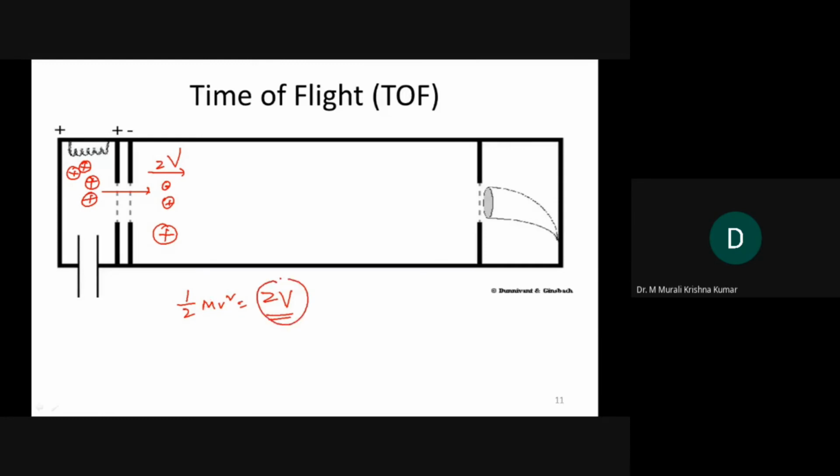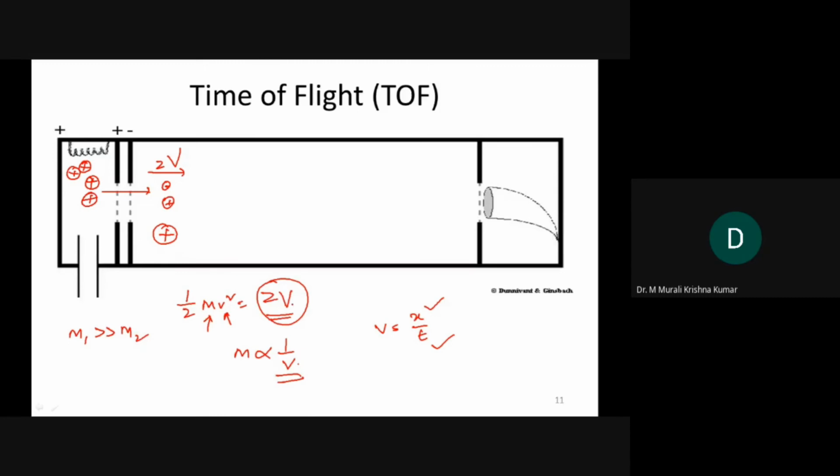When this is fixed, then when you vary mass, what will happen to velocity? Here, mass is inversely proportional to velocity. Velocity means x by t, distance traveled by time. This is the simple logic. Let's say you have a very heavy ion, m1 is far greater than m2.